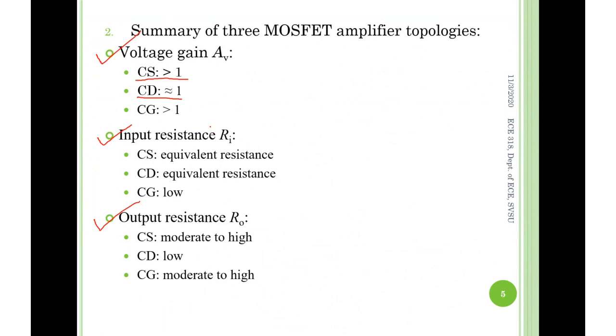Common drain basically does nothing about the amplification. Not much gain, a gain of 1, not for amplification at least. Common gate is able to do amplification as well, but this gain, I can tell you, is less than the common source.